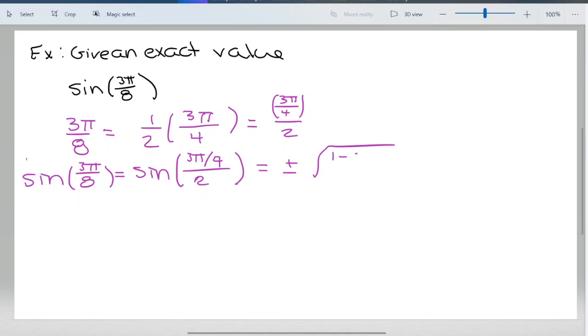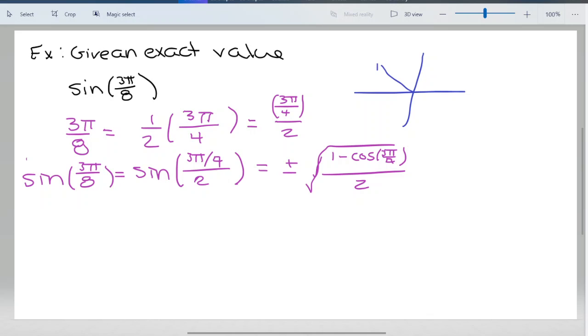So 1 minus cosine of 3 pi over 4, whole thing over 2. And this square root does extend to the whole thing. That made it look a little bit messy, we'll just extend it like that. Now we're going to evaluate cosine of 3 pi over 4, so we draw 3 pi over 4 in standard position.